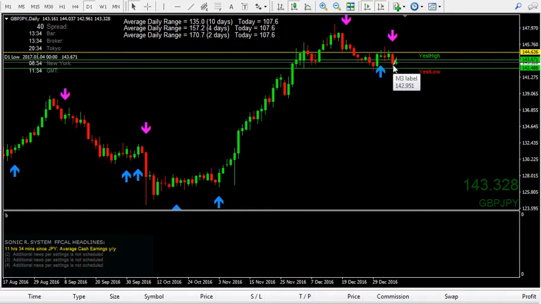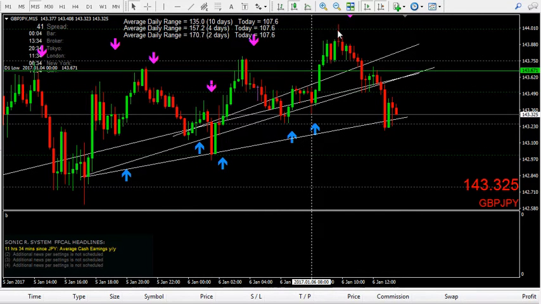Well, we knew that clearly, but when we're trading today, I wanted to be sure that it had not managed to act as support again, and we can see it's broken through it. It's used it as resistance.